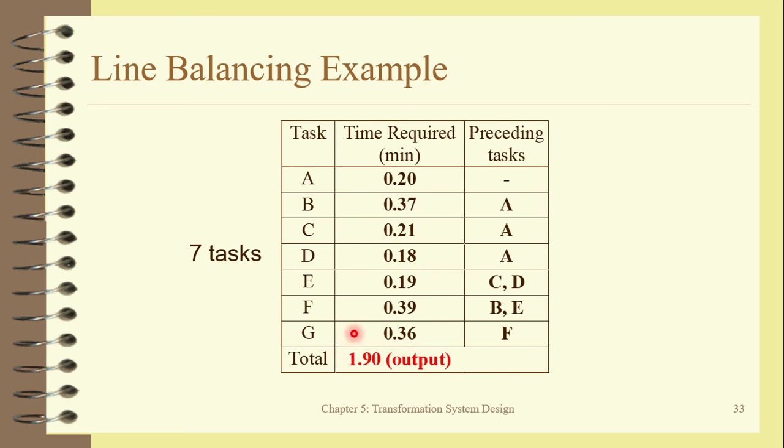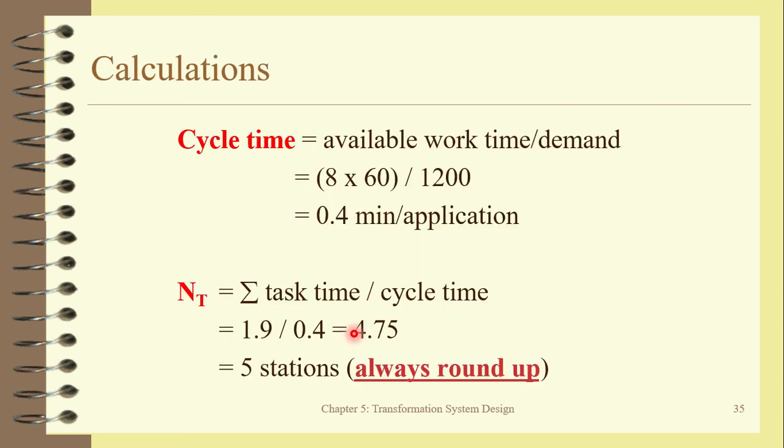Alright, this is going to be used in the theoretical number of workstations. So you got the sum of task time of 1.9, and then you divide by the cycle time, you get the theoretical number of workstations of 4.75. Always round up, so the theoretical number of workstations is going to be 5.